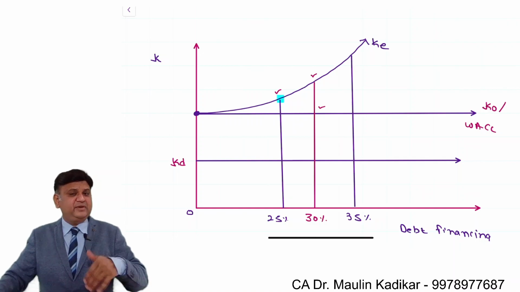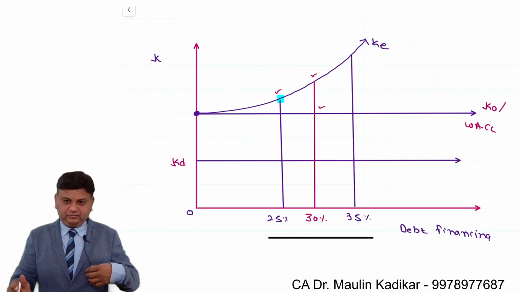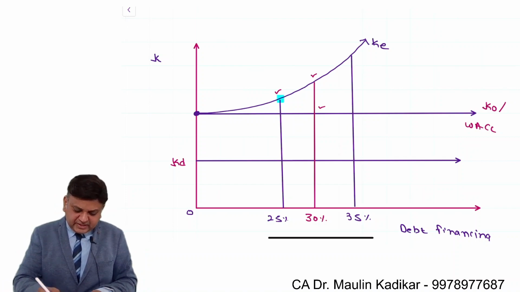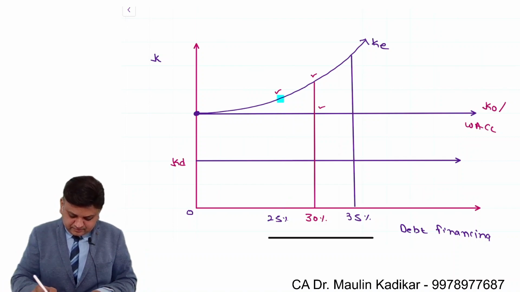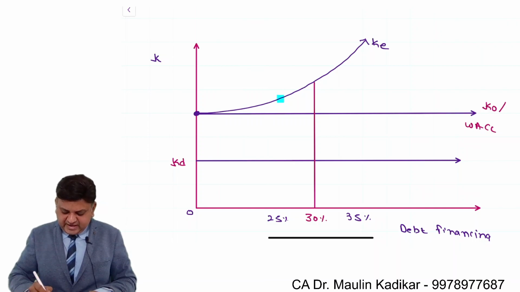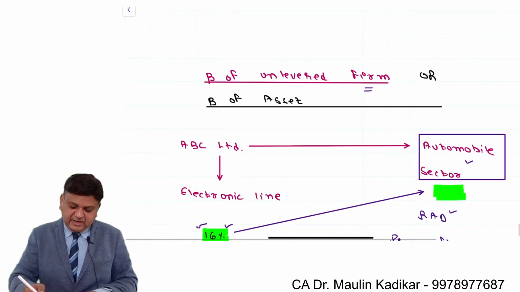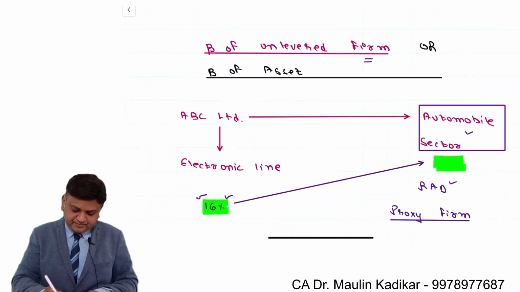What to do, I have explained to you. Now how to make the calculation, let us have an understanding. It is required to be found something like this. See, as I have mentioned over here in the heading, it is beta of unlevered firm.